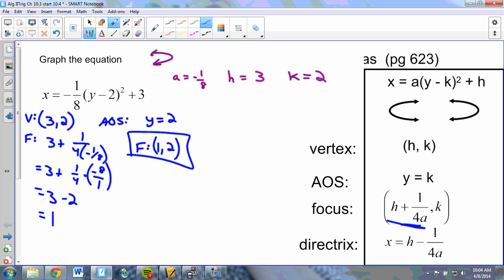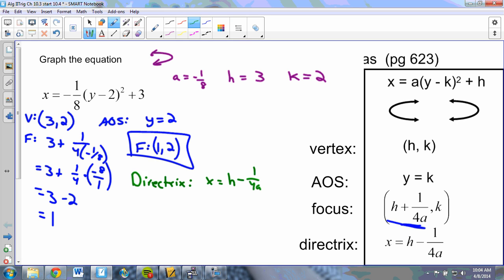Okay, to find the directrix, that's the line x equals h minus 1 over 4a. Why do you need to find the directrix at all? First of all, because I'm asking you to. But the directrix is going to be a quick and easy way to find 2 more points on our graph.